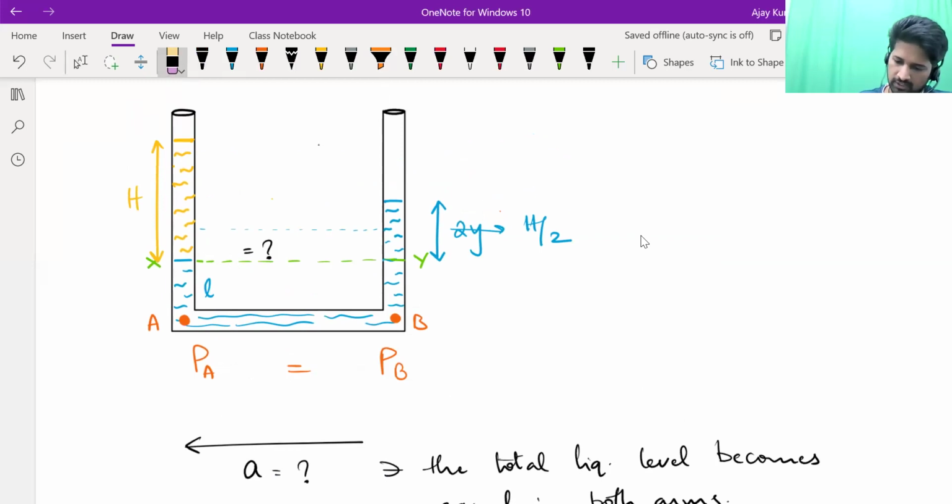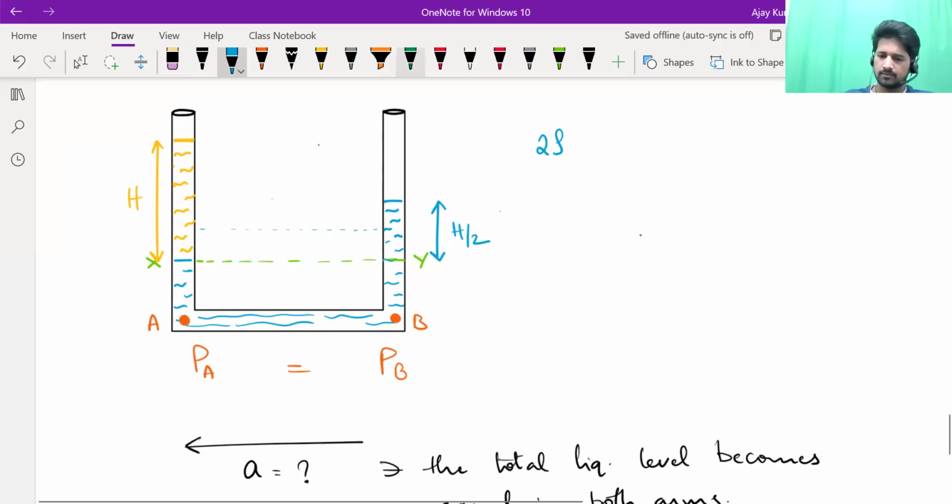Now you know how much is y. Situation was like this. You know the densities also. Blue liquid density is 2 rho. Yellow liquid's density is rho. Try this, I'll give you 2 minutes.